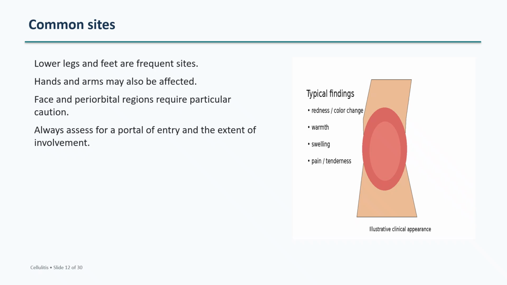Proper hygiene needs to be maintained, which can avoid most of the disease. And always assess for a portal of entry and the extent of involvement. We have to see the portal of entry, where the infection happened from, and how much infection happened, which caused the disease.